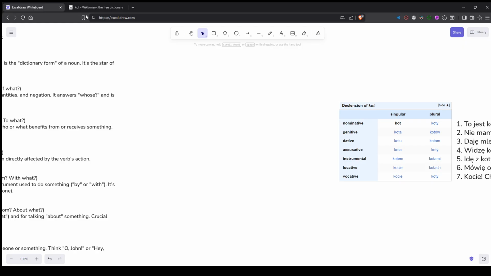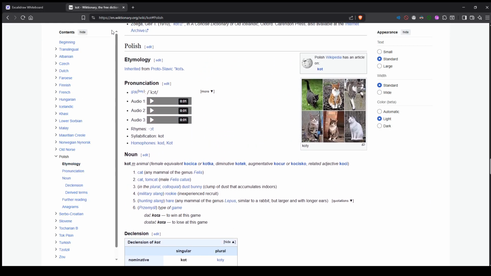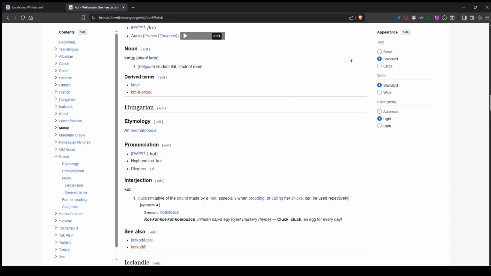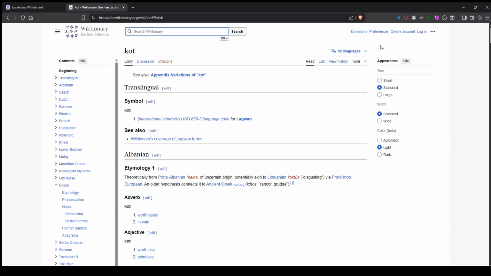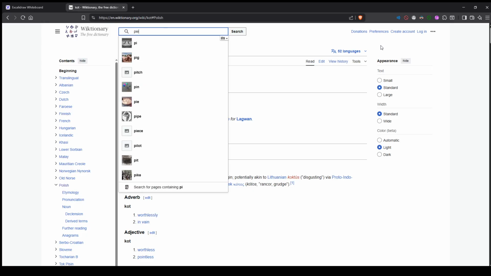So for example, you can go over to Wiktionary, so it's like a dictionary combined with Wikipedia, right? And you can just search for a particular Polish noun in its nominative, so dictionary form. So you find, for example, dog in dictionary. So dog in Polish is pies, okay?